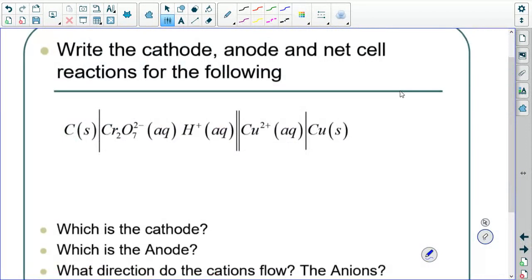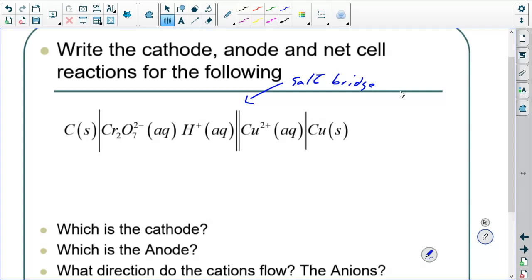So here we have our half cell notation. Chloe, what does this double line mean? Okay. Basically, this is standing in for our salt bridge. So that means we have the ability for ions to flow between.